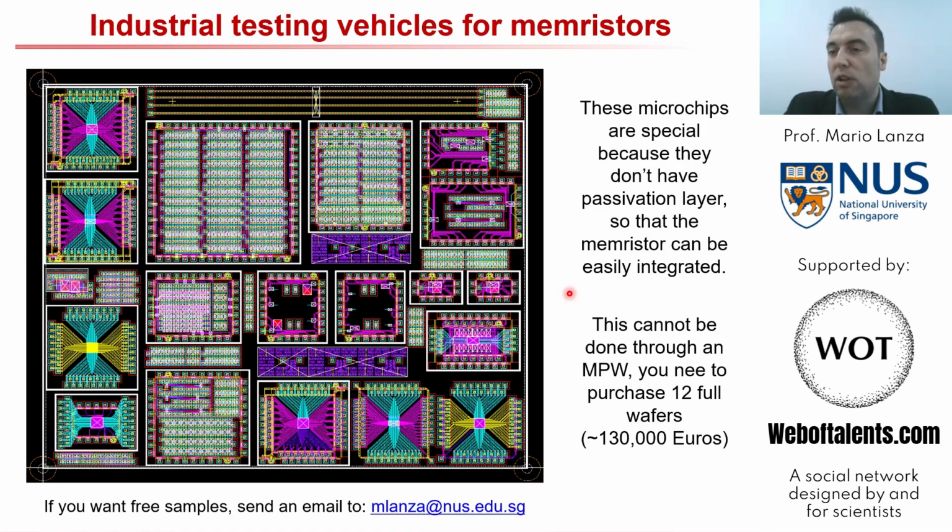So basically, what we recommend and what we have done is to fabricate a set of wafers and tell the foundry to stop them in one specific step of the fabrication. In our case, it's in the fourth metallization layer, and then send us the sample without passivation.